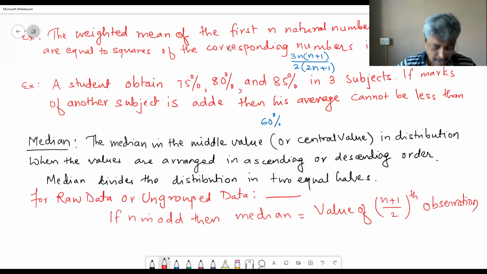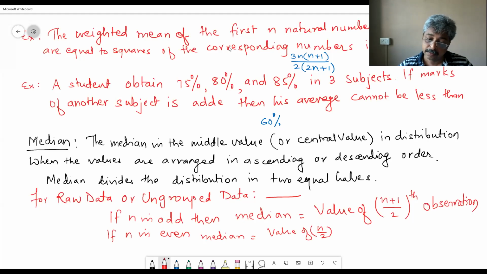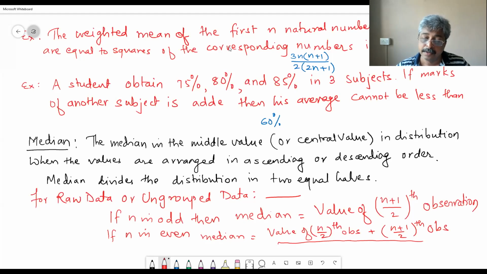And if n is even, then median is equal to average of value of n by 2th observation plus n plus 1 by 2th observation divided by 2.